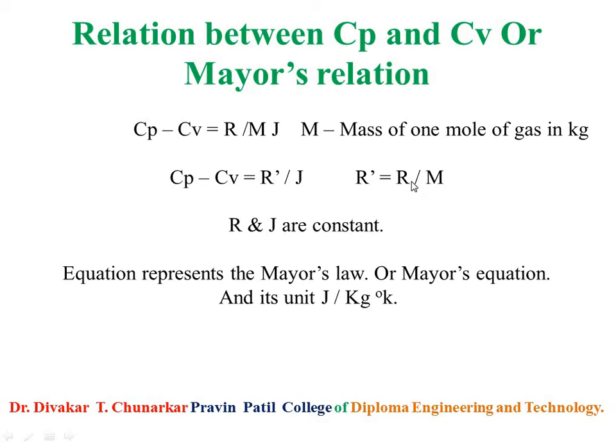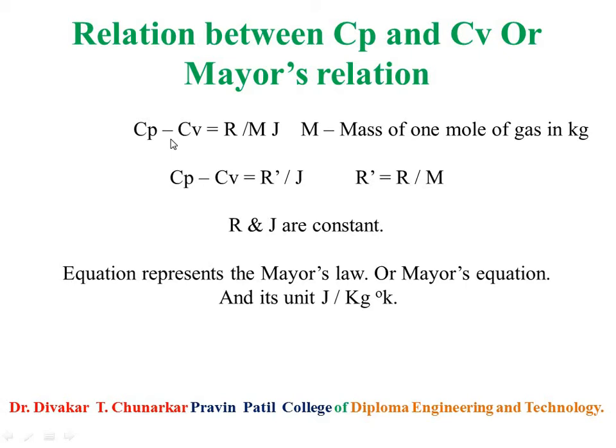Cv is the amount of heat required to increase the temperature by 1 degree at constant volume, and Cp is the amount of heat required to increase the temperature by 1 degree at constant pressure.